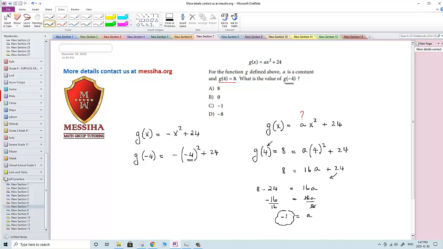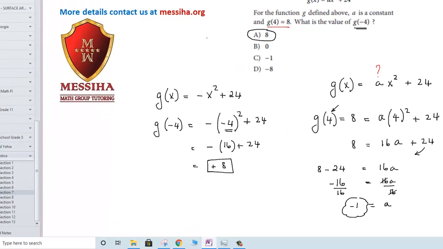Here we have to be careful that (-4) squared means positive, since negative times negative equals positive. Positive 16, that means negative positive 16, plus 24. That means negative 16 plus 24. So 24 minus 16 gives me right away positive 8. So the right answer should be A, positive 8. Thank you for your attention.